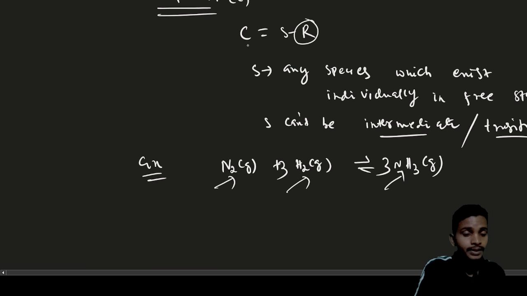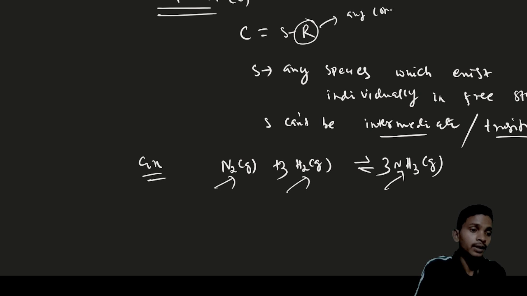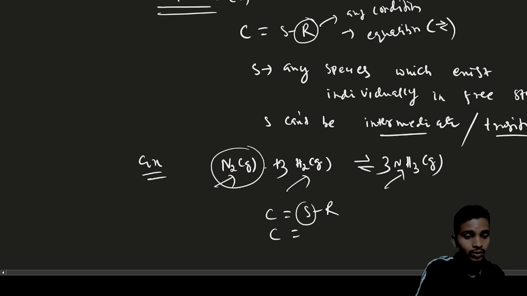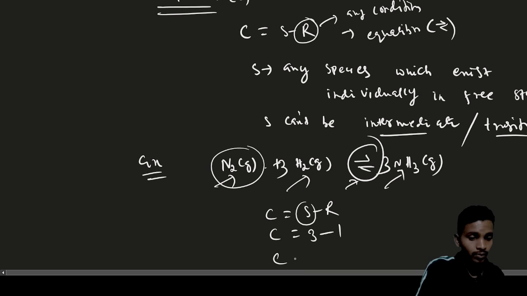And R means any conditions, or the equilibrium state. Component means S minus R. So how many individually existing species are there? 1, 2, 3, that is 3. And what is the condition? The condition is the equilibrium state given by this sign, so this is 1. So components is 2.